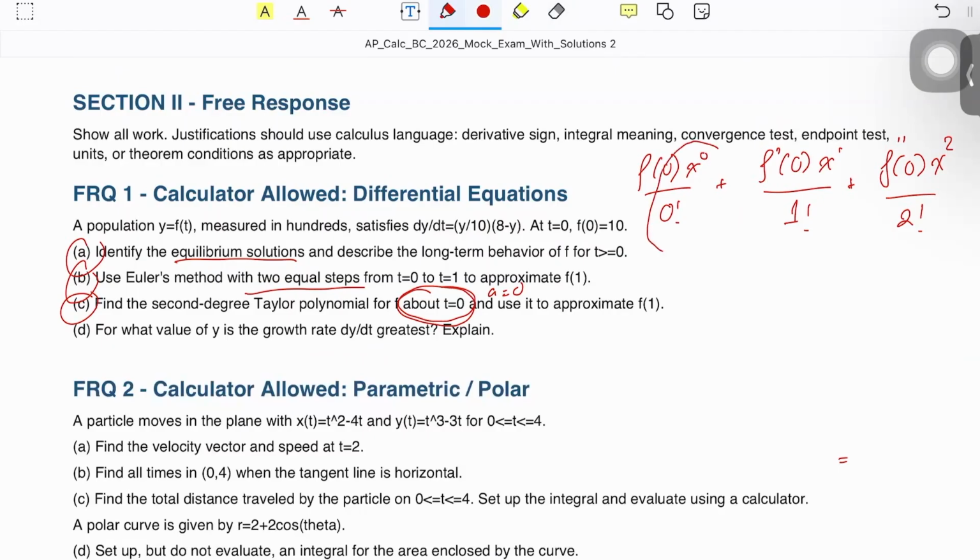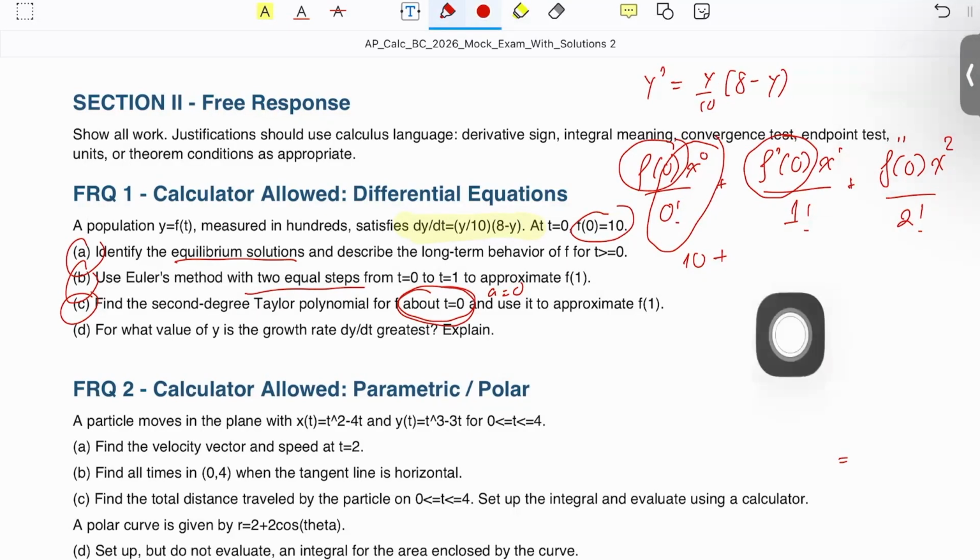So what do we know already? The whole thing here is going to be 1. But f of 0, they gave you as 10. So we know this is 10, plus. Now f prime of 0, what is f prime of 0? They gave you the slope, y prime is y over 10 times (h minus y).